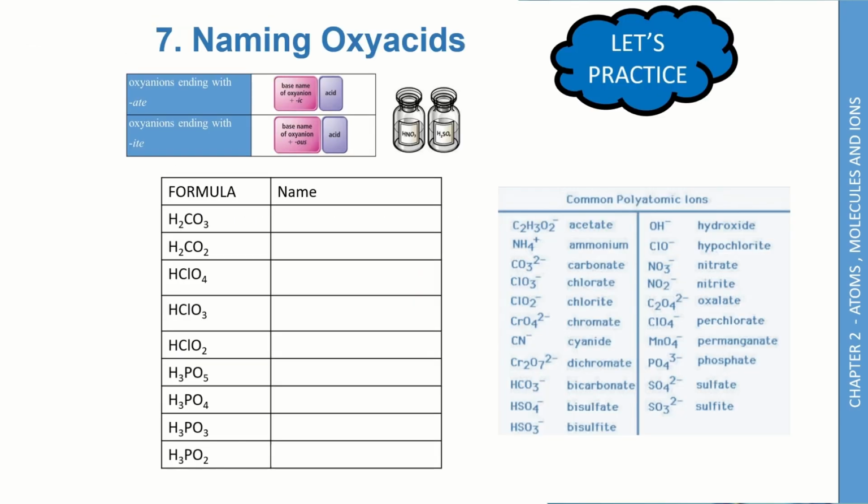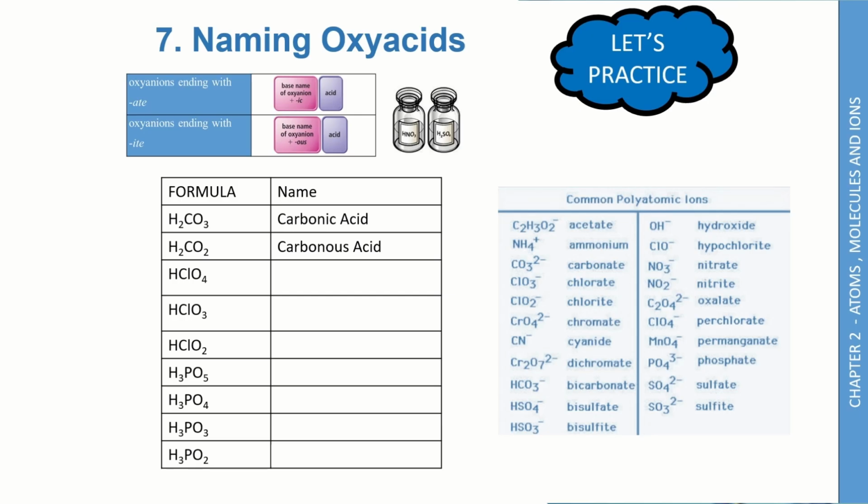So we're going to start again over here. What is the name for the first one? What is CO3? It's carbonate. So it will be carbonic acid. Okay? So here we have CO2, carbonous acid. So we have here ClO4. What is ClO4?